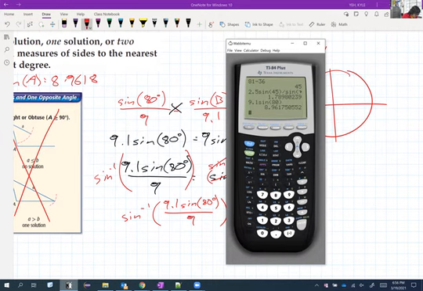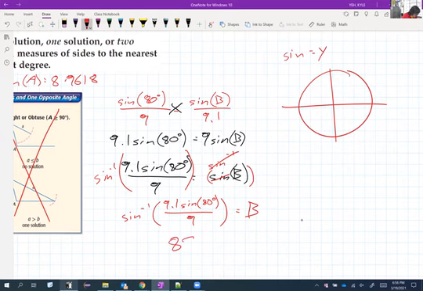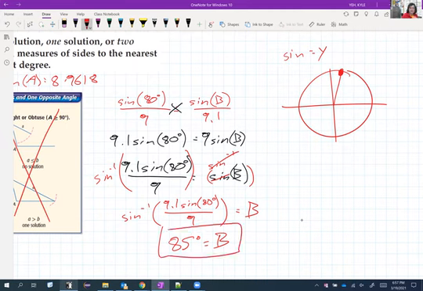And so I'm going to type in inverse sine of 9.1 sine 80 divided by 9. 85 degrees, right? 85 if we round to the nearest one. And so it says 85 degrees is the angle that has our desired y value. And I'm going to say it's right about there, 85. Which looks good. I like it a lot.